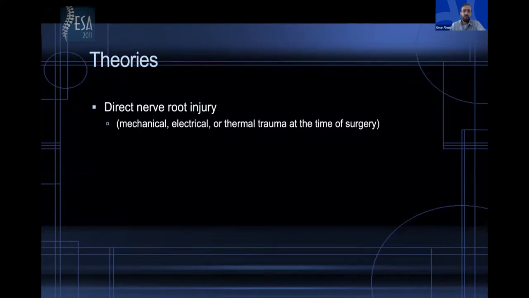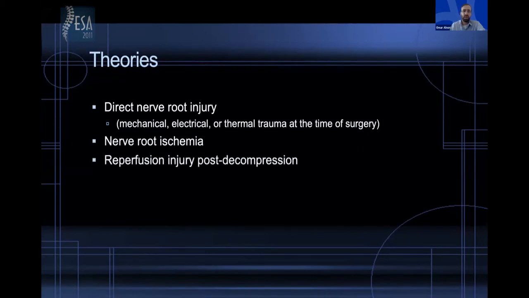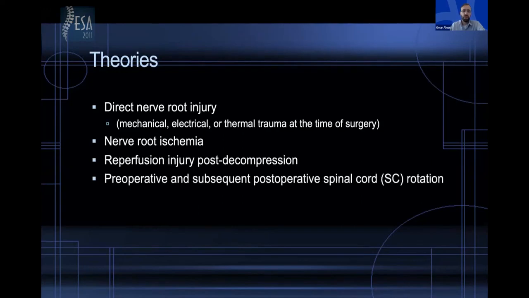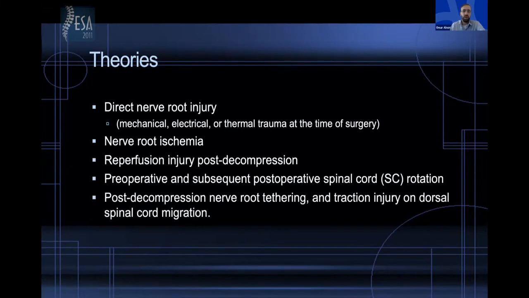The first theory is direct nerve root injury, either by mechanical, electrical, or thermal trauma during the surgery. Another is nerve root ischemia, reperfusion injury post-decompression, and preoperative and subsequent postoperative spinal cord rotation. The most recent one is post-decompression nerve root tethering or traction injury.